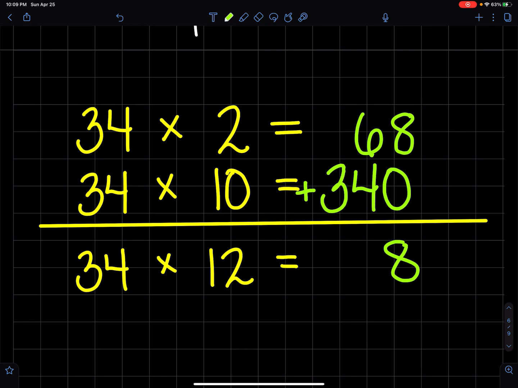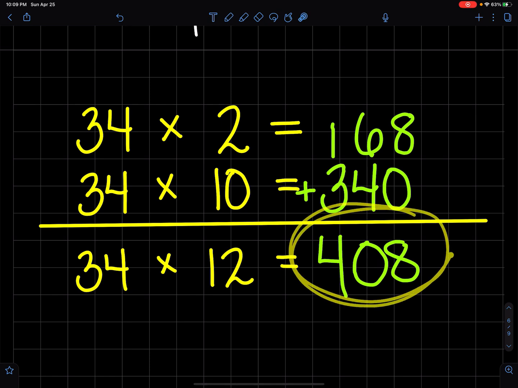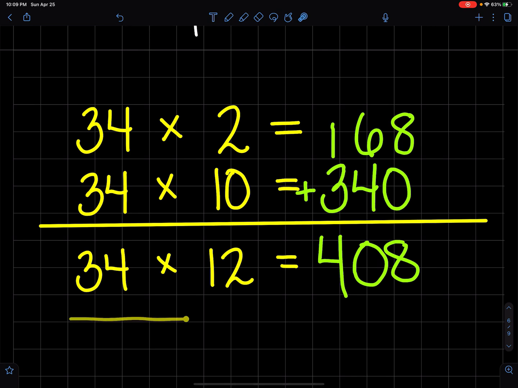And then 6 plus 4 is going to be 10. So we're going to have to carry a 1 and put the 0 here. And then let's do the hundreds place. 3 plus 1 is going to be 4. So we end up with 408. And the cool thing about 408 is that's what you get when you multiply 34 times 12. If you put that into a calculator, you would get 408.